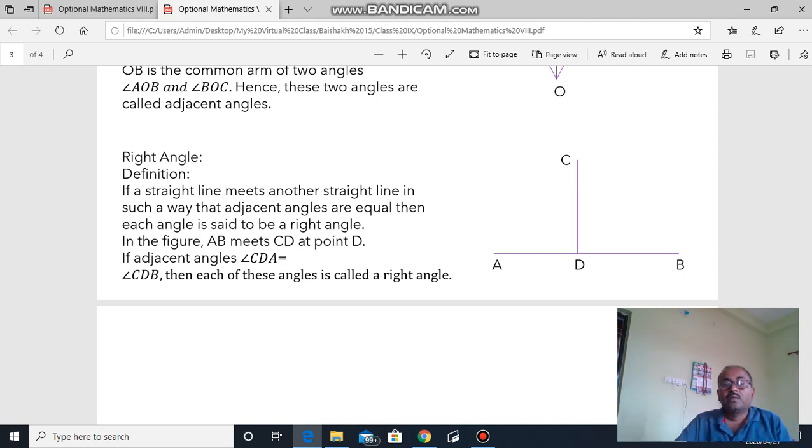In that case, each angle is said to be a right angle. So now let's see through this picture. In the figure, AB meets CD at point D. If adjacent angles CDA equal angle CDB, then each of these angles is called a right angle. Each means angle CDA is a right angle, and angle CDB is also a right angle.